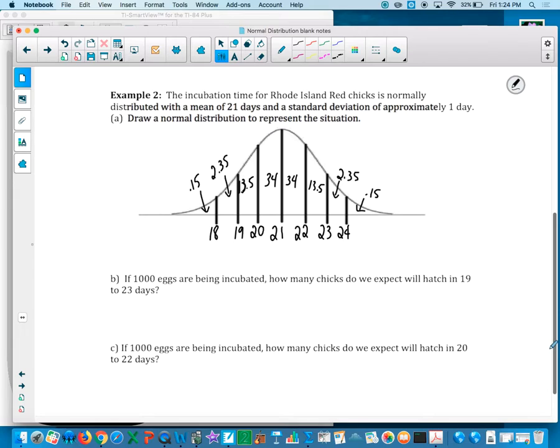All right, so now it's telling us if 1,000 eggs are being incubated, how many chicks do we expect to hatch in 19 to 23 days? When it comes to how many, we actually need to take the percentage and do the probability first. So 19 to 23 is, again, the 95%, because you're within 2 standard deviations.